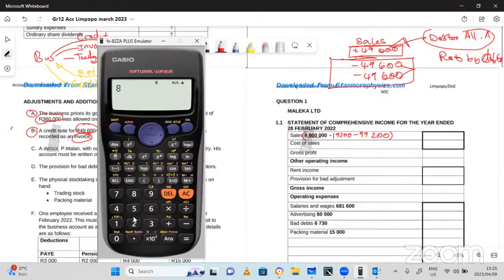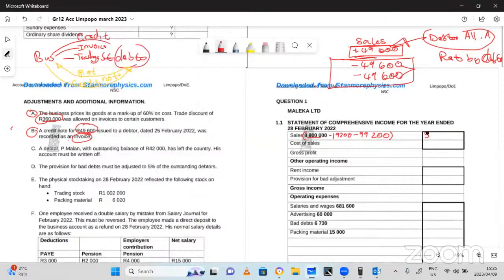We took the 8,800,000, subtracted the 19,200, subtracted the 99,200 again. Then you punch your calculator. We are getting 8,681,600. So we write that 8,681,600 over here.